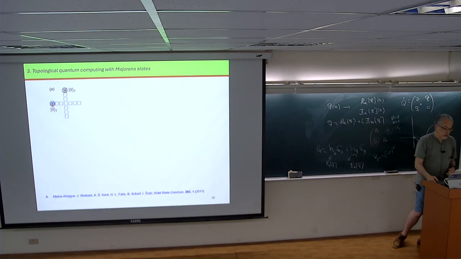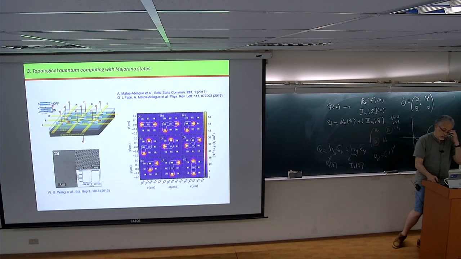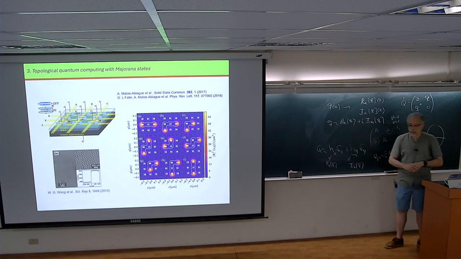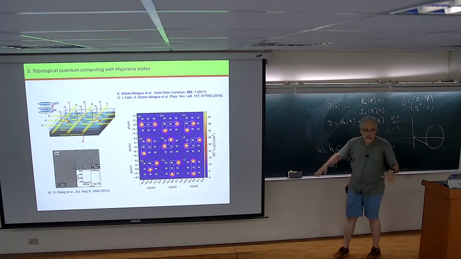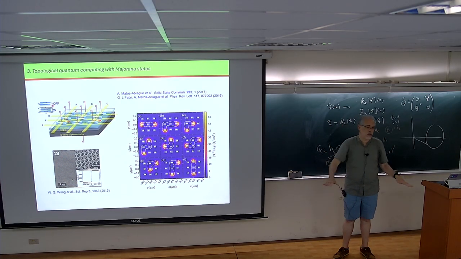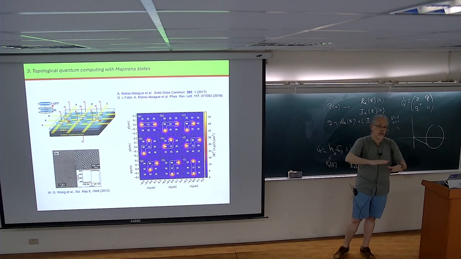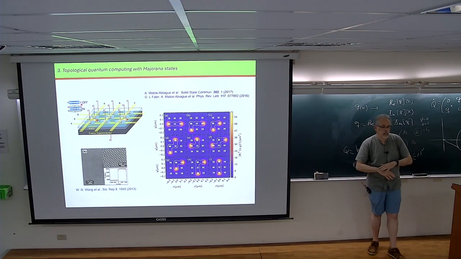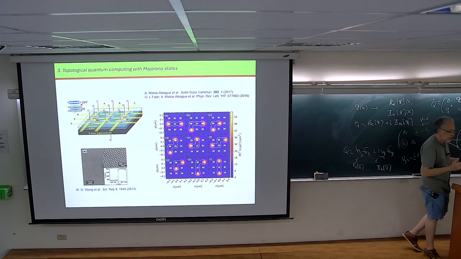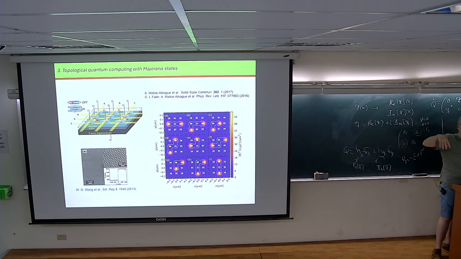I will show you more or less how to do this in principle, very quickly. Let's say you have a two-dimensional electron gas. You put a superconductor on it, so you now have superconductivity in this two-dimensional electron gas. Now you put a magnetic texture. You can create this texture with magnetic nano junctions that you put on top, and you can change the texture.